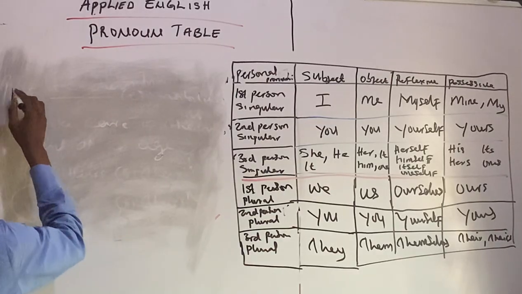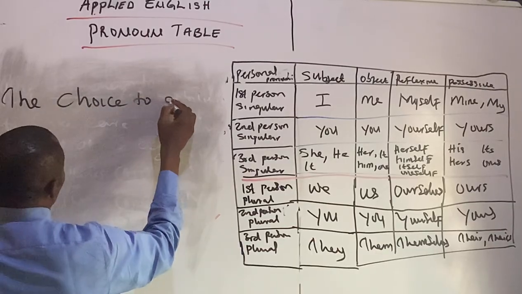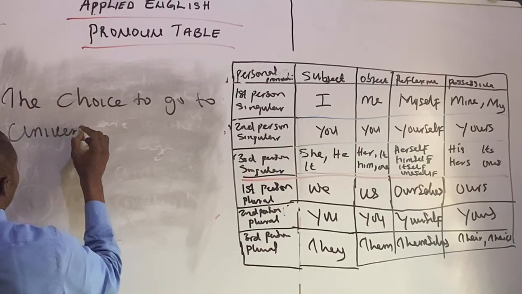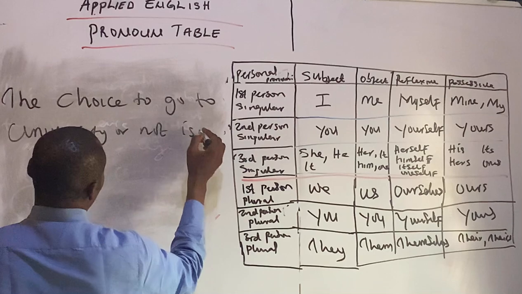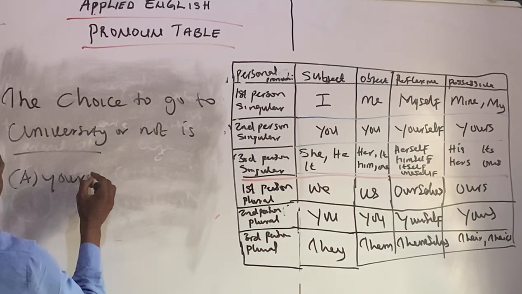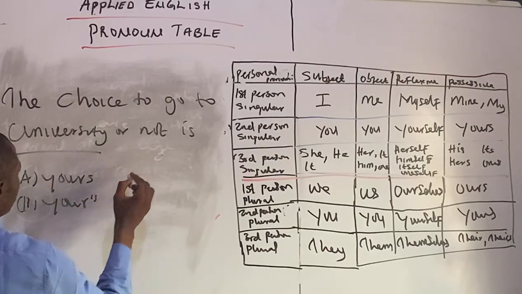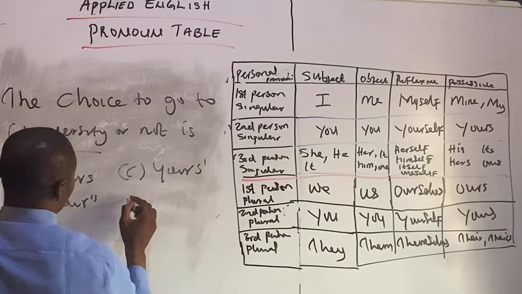The choice to go to university or not is dash. A, yours. B, yours. C, yours.